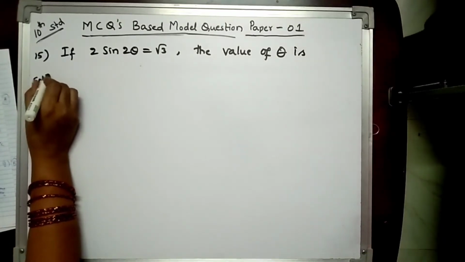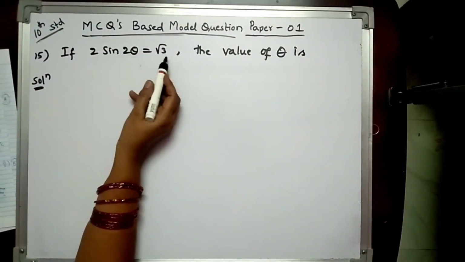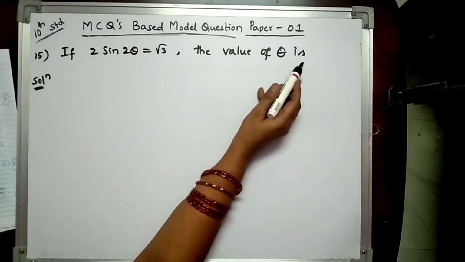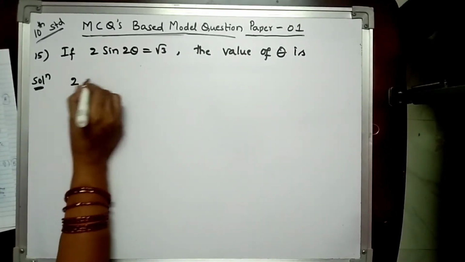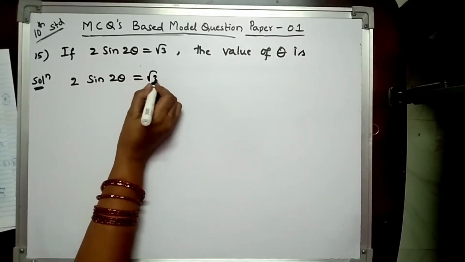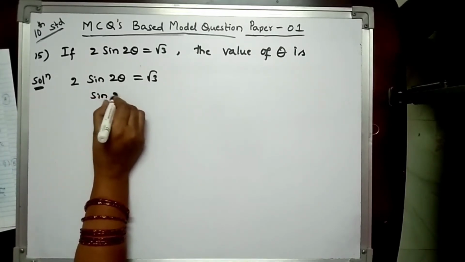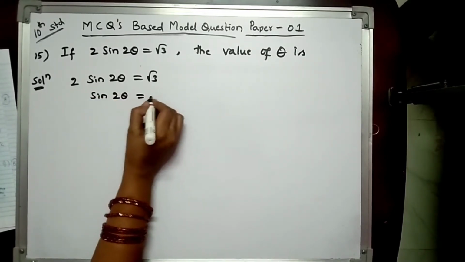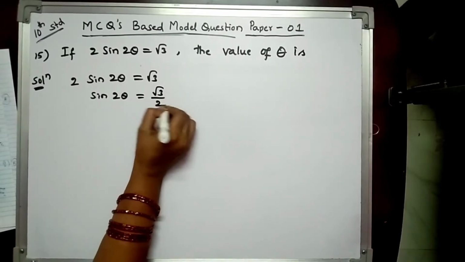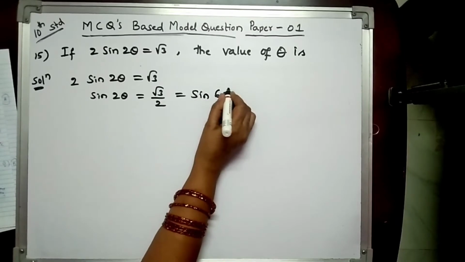Next question number 15. If 2 sin 2 theta is equal to root 3, then the value of theta is. So write down 2 sin 2 theta is equal to root 3. Take this 2 to the denominator. Sin 2 theta is equal to root 3 by 2. Root 3 by 2 is nothing but sin 60 degree.